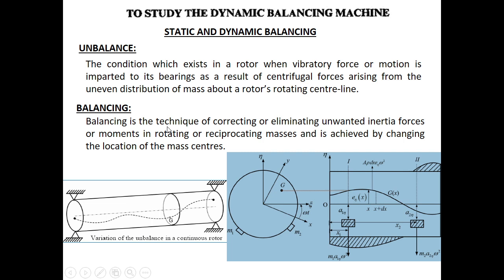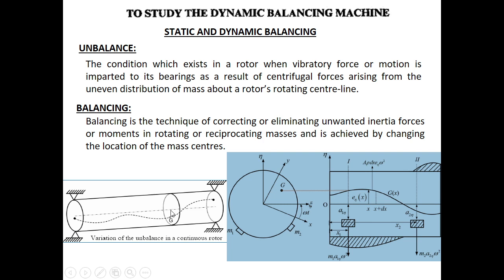Now, how this is balanced, that we will see. The technique of balancing depends on the shape of the rotor also. If the length of the rotor is quite large, the unbalance is not coming from a single source.